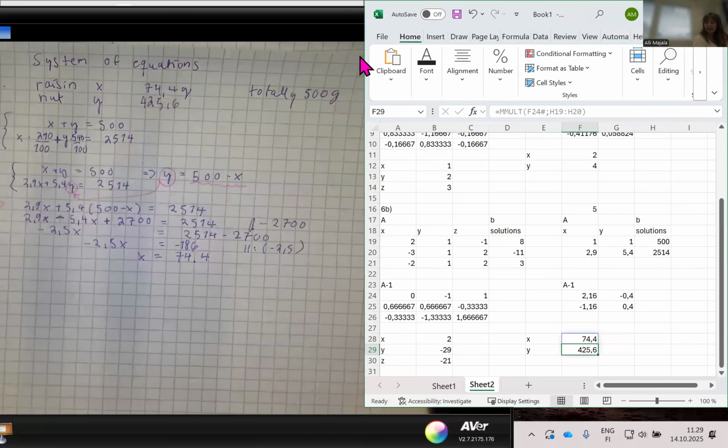And it looks exactly the same as in my Excel. So this wasn't very difficult. Something like this is, of course, not very difficult to calculate with pen and paper either. But maybe this was a bit faster. Yeah. Excel is a good tool.